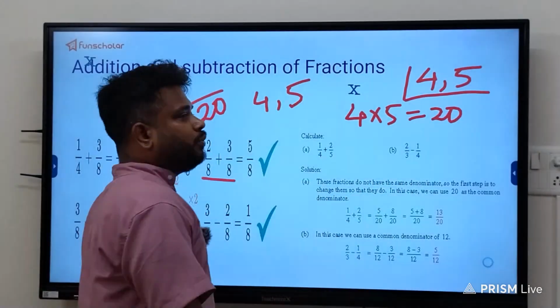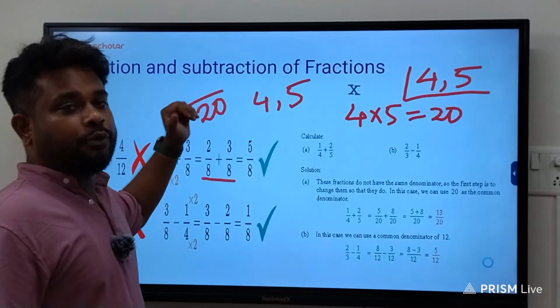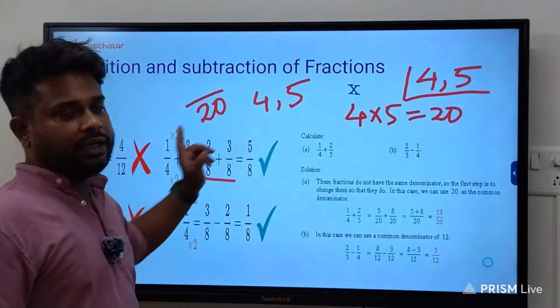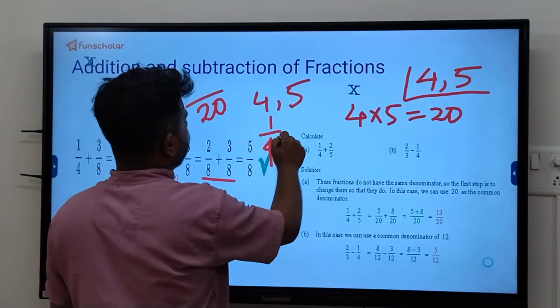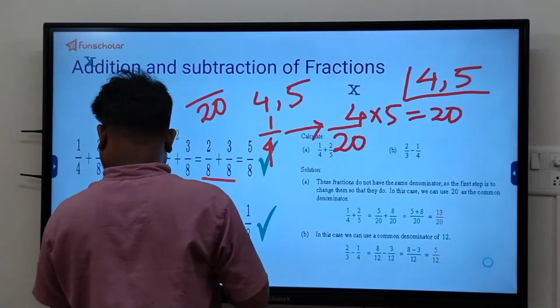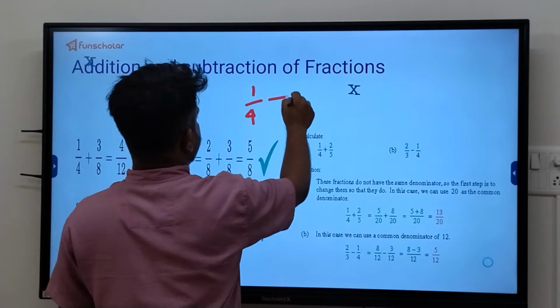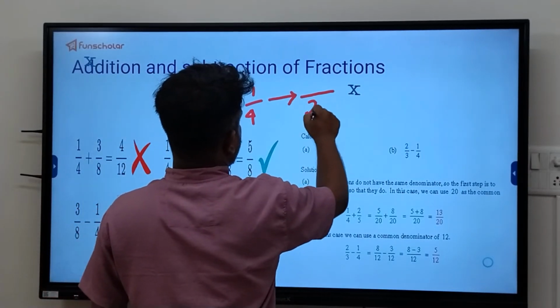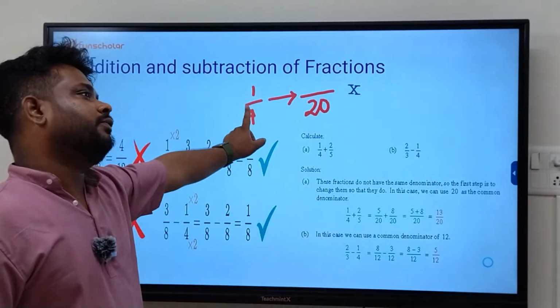So 20 will be the common denominator, and we have to transform the given fractions to 20. Like 1 by 4, we have to multiply something to make 4 into 20.